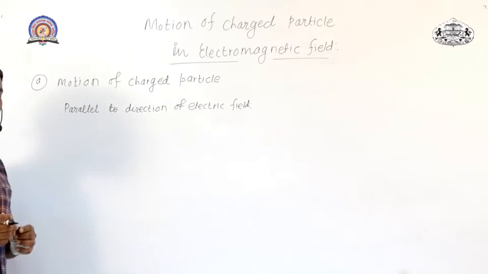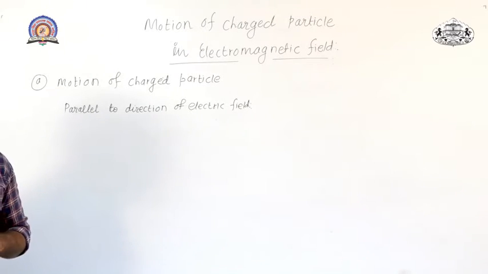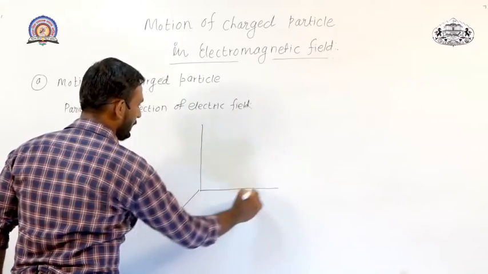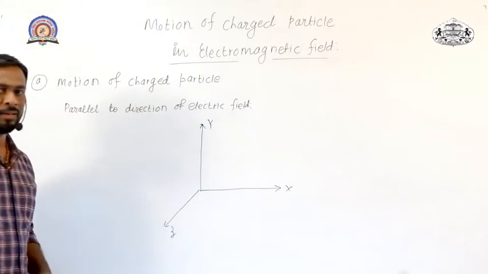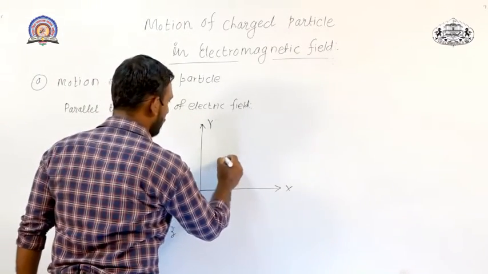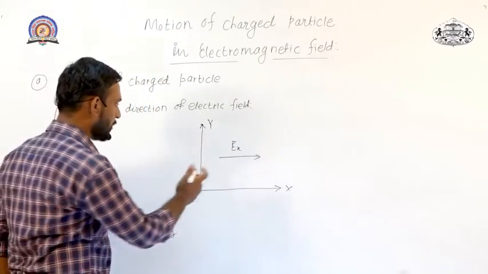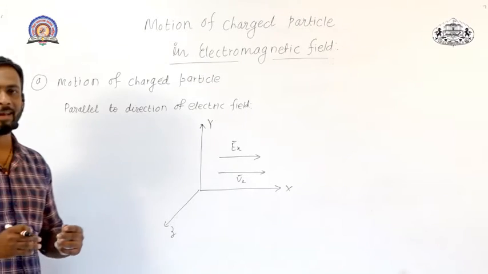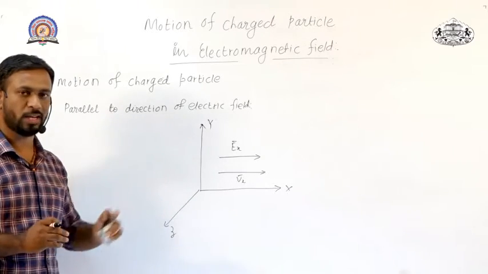To describe the motion, we need a coordinate system: the x axis, y axis, and z axis. Suppose the electric field Ex is applied along the x direction, and the motion of the charged particle is also along the x axis. So the electric field and the motion of the charged particle are parallel to each other.